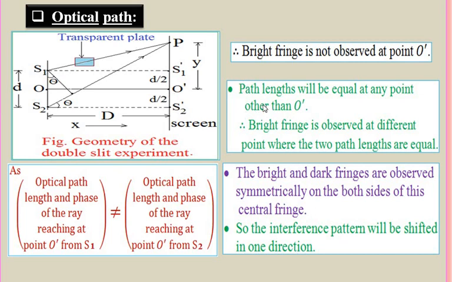The path length will be equal at any point other than point O'. Therefore, a bright fringe is observed at a different point where the two path lengths are equal. The bright and dark fringes are observed symmetrically on both sides of the central fringe. So, due to this, the interference pattern will be shifted in one direction.